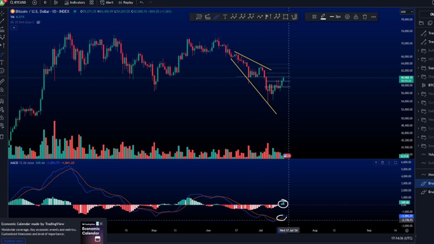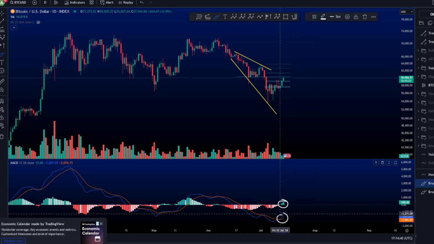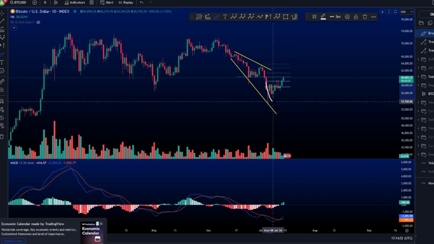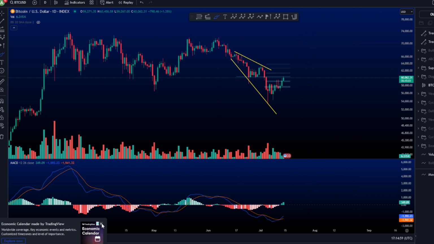This is a very strong signal for MACD when it crosses, especially from way down, and we start to see green volume with it. So that is a very strong signal on the daily chart of Bitcoin that we might have reversed to a new higher high. So that is for MACD.